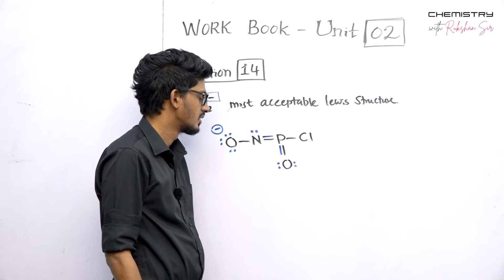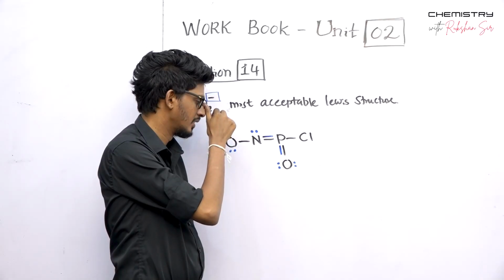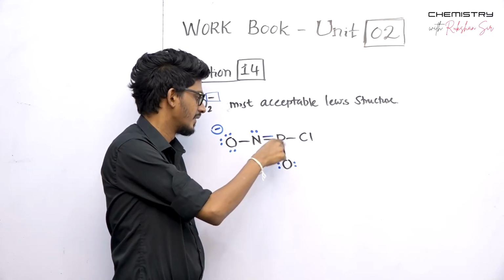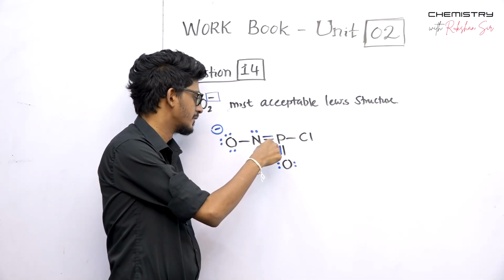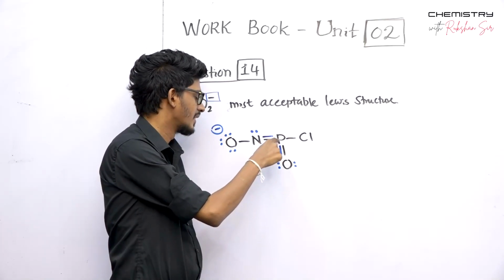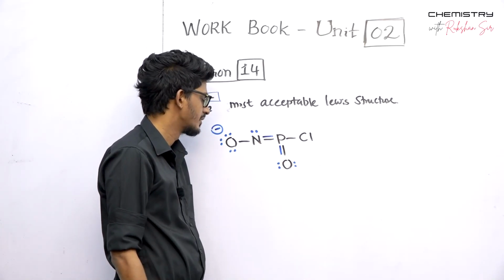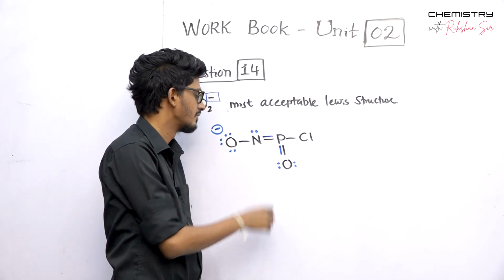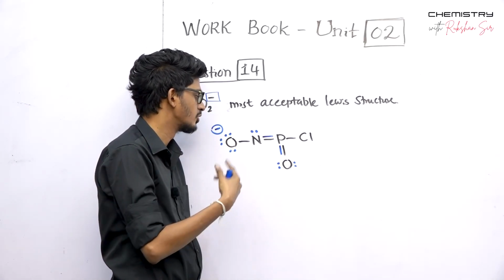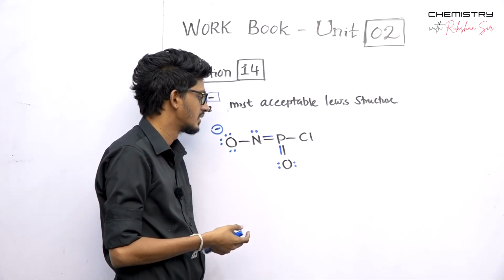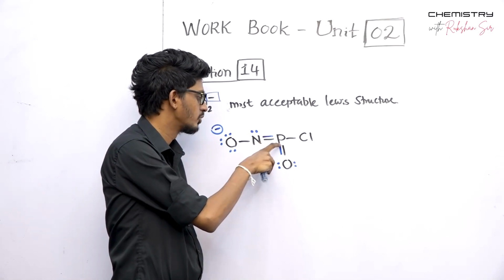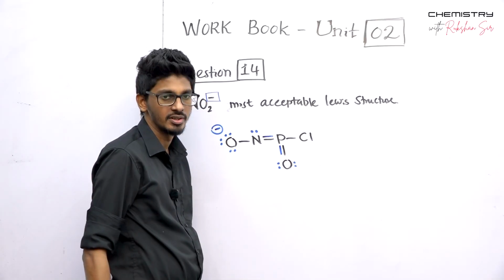In such a case, we should think of whether we need any electrons to keep this one at zero charge. Here, as phosphorus is group 15, it should have 5 electrons around it to become neutral. Here we have 1, 2, 3, 4, 5 electrons, so it is neutral, right?